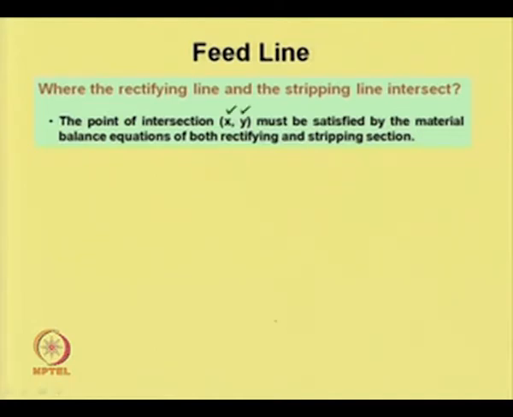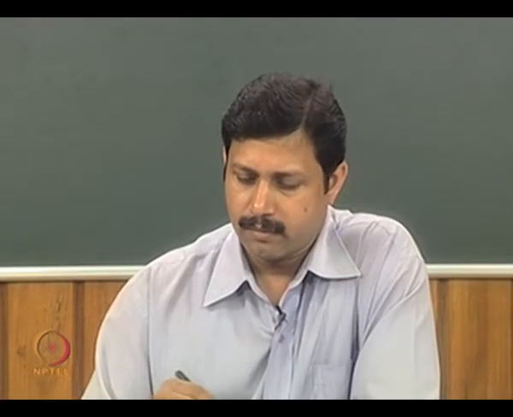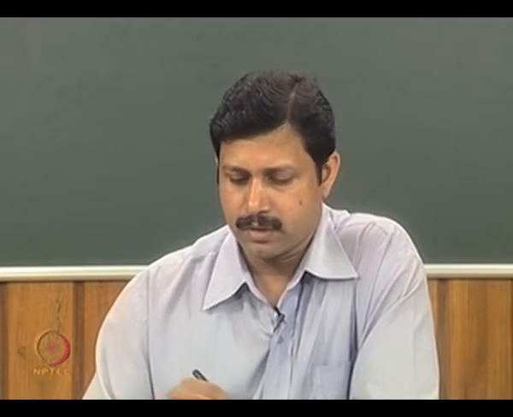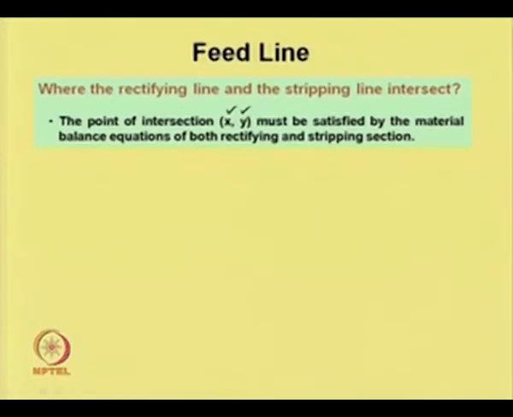Since these lines are governed by the material balance equations of both the sections, both equations must be satisfied at the intersection point.